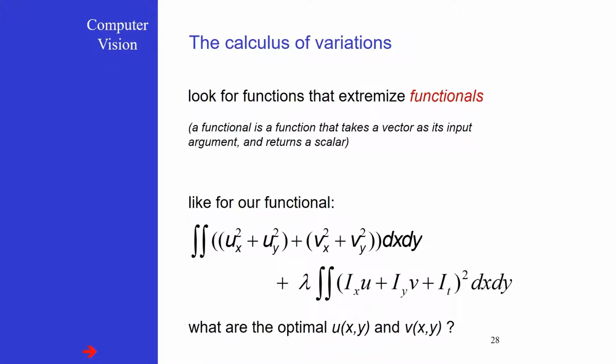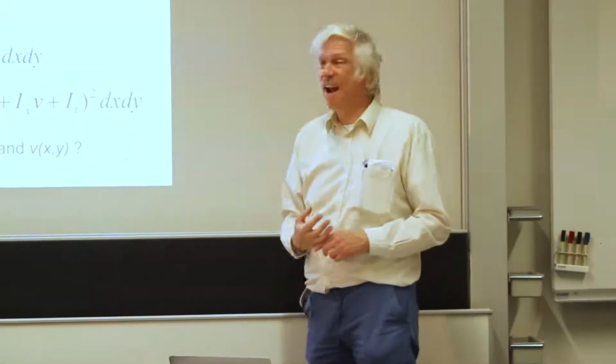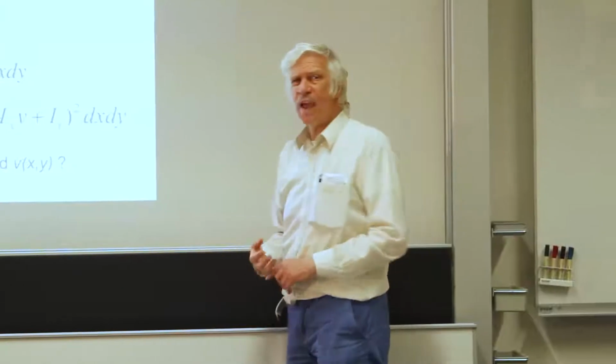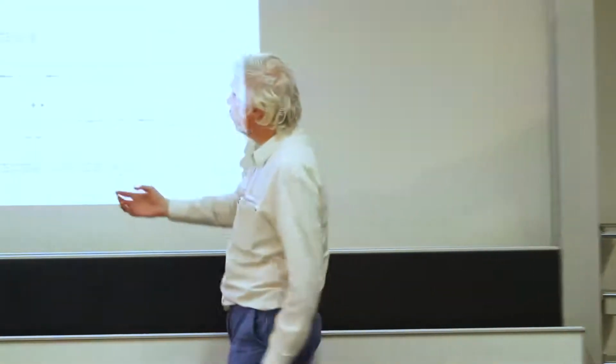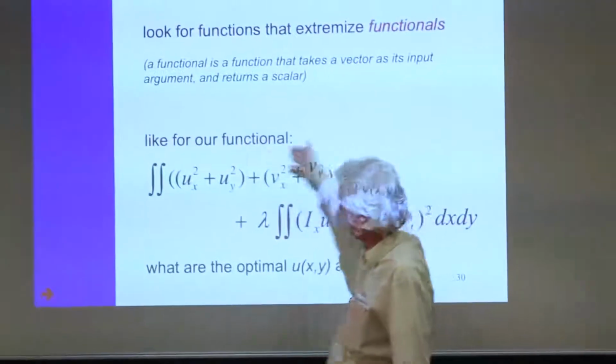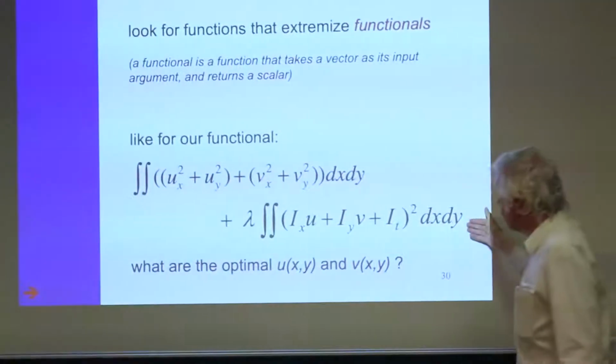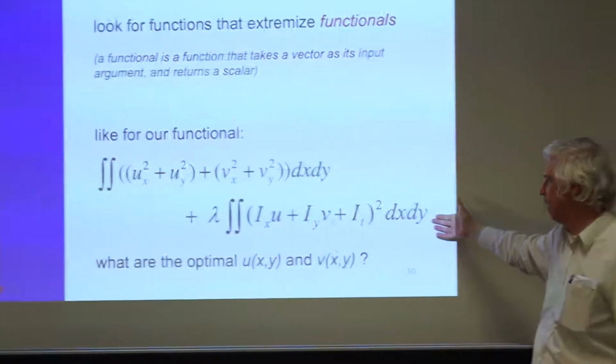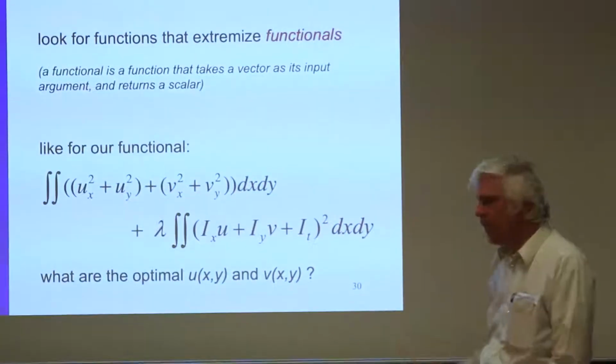Now, we end up actually with the problem that's typical for the calculus of variations. So what we have now is that we want to minimize this integral here, this weighted sum of the two cost components that we have been introducing.